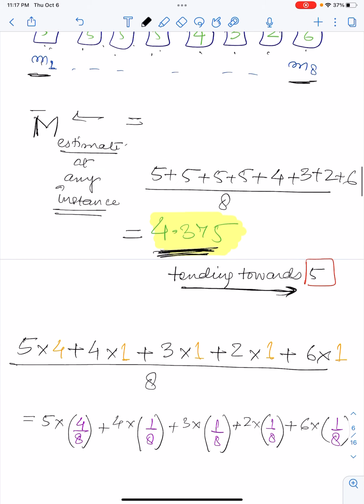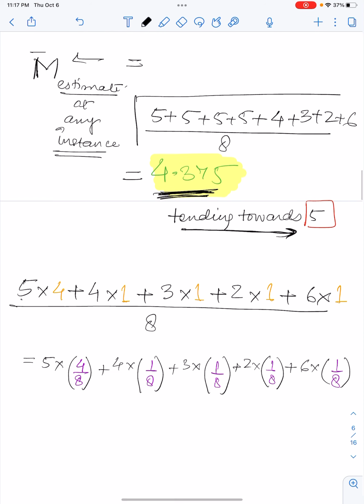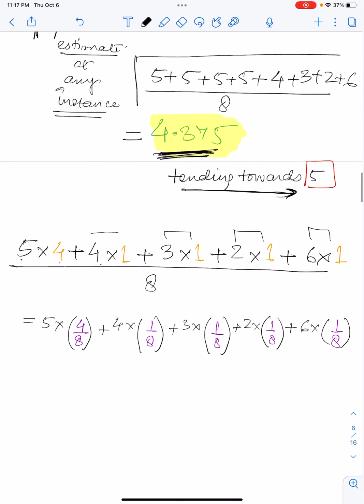Another way of writing this particular summation is 5 times 4 plus 4 times 1 plus 3 times 1 plus 2 times 1 and 6 times 1, and that can possibly be reduced to this particular expression.